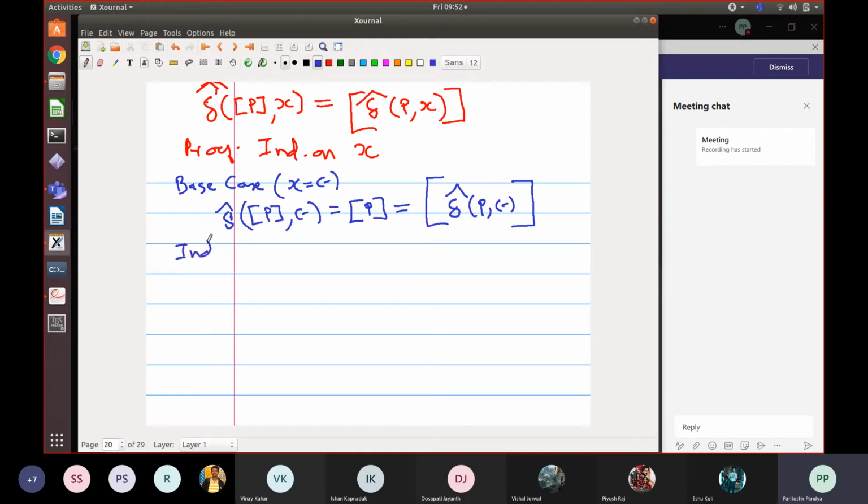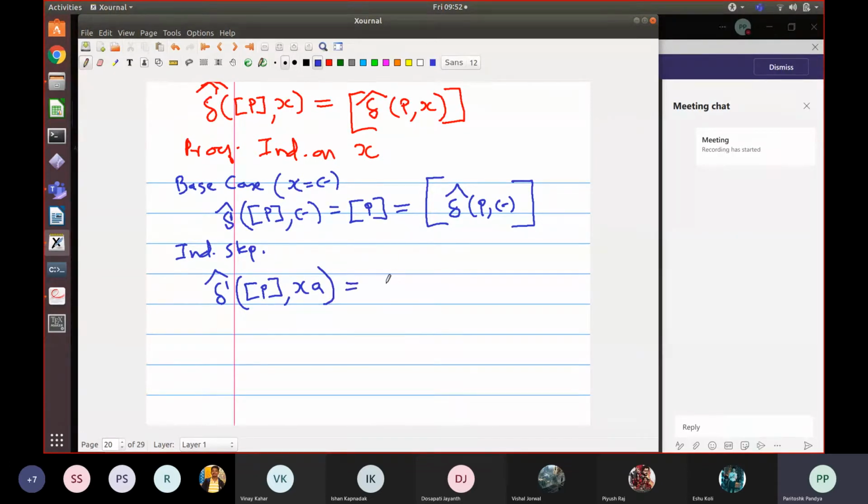For the induction step, what do we do? We start with delta prime hat of the equivalence class of P on a string xa, right?